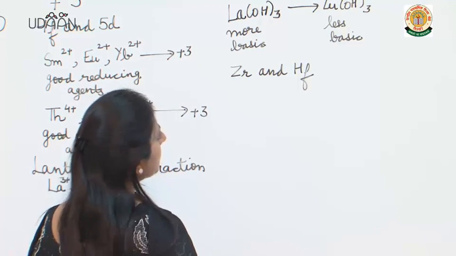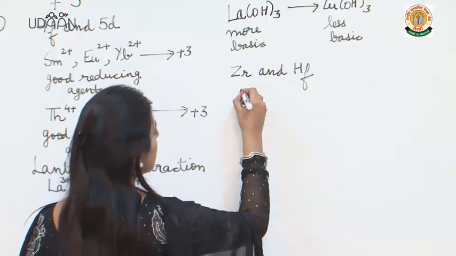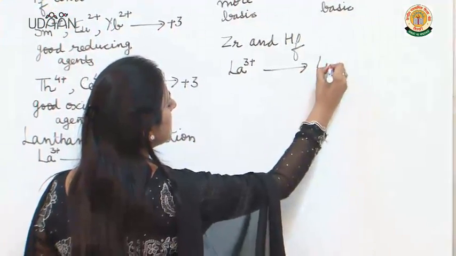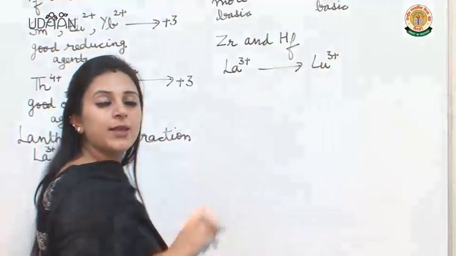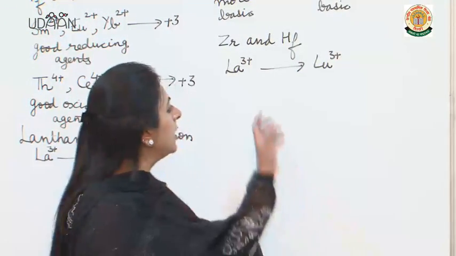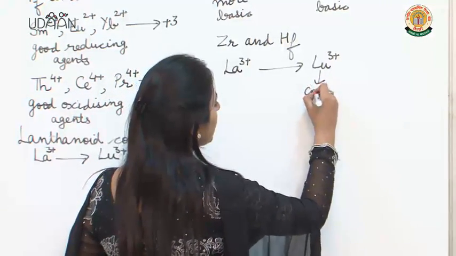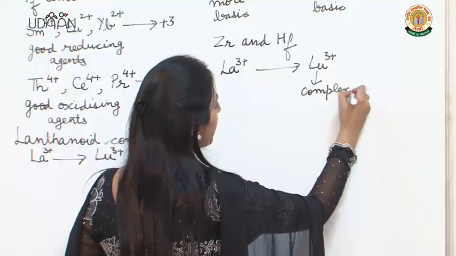The complex formation ability increases from La3+ to Lu3+ because of small size and high charge density. In case of Lu3+, it can form complexes more easily.